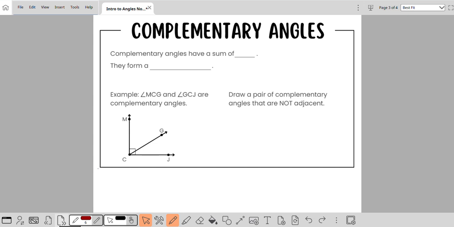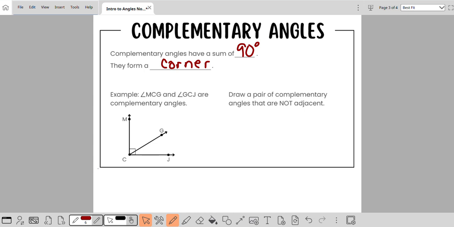Now we're going to talk about complementary angles. Complementary angles have a sum. That means they add up to 90 degrees. They form a corner. So that corner of your desk or that corner of a piece of paper is 90 degrees.